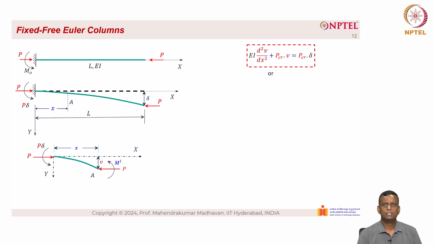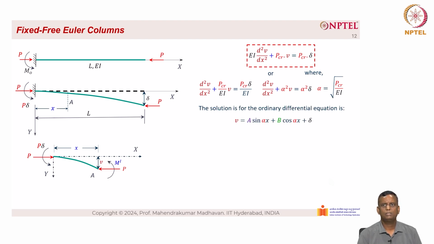Now this can be further simplified by dividing by EI. We have d square v by dx square plus P critical by EI into v is equal to P critical by EI into delta. Or we can say that d square v by dx square plus alpha square v is equal to alpha square delta, where alpha square is given as P critical by EI, or alpha equal to root of P critical by EI.